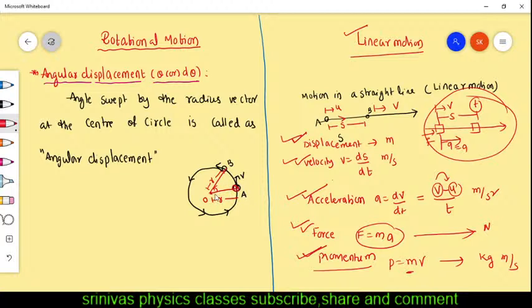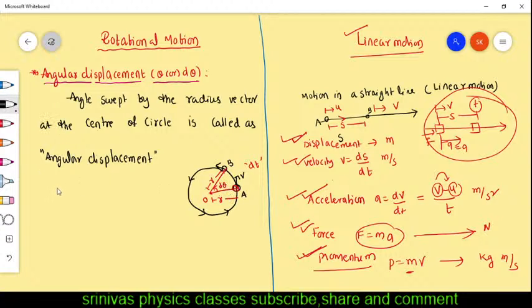In the figure the red line is the radius vector, which sweeps some angle in certain time. For example, in dt time, the object travels from a to b, and the angle swept by the radius vector is considered as d theta, or it may be denoted with theta also.